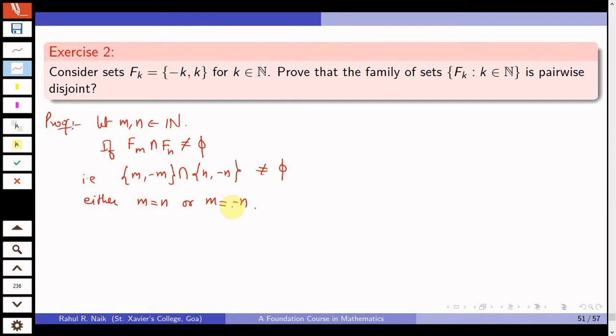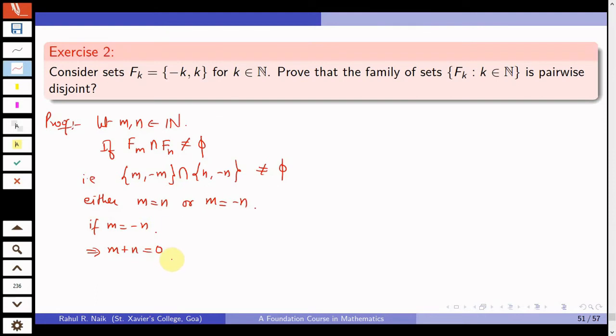So, I need to show that m is equal to n. To show that, I should eliminate the case that m is equal to minus n. I should get some contradiction if m is equal to minus n. So, let us see what can happen if m is equal to minus n. This would imply that m plus n is equal to 0.